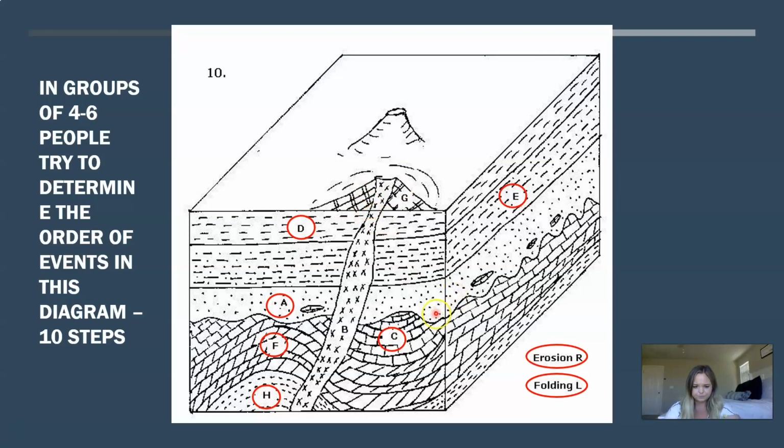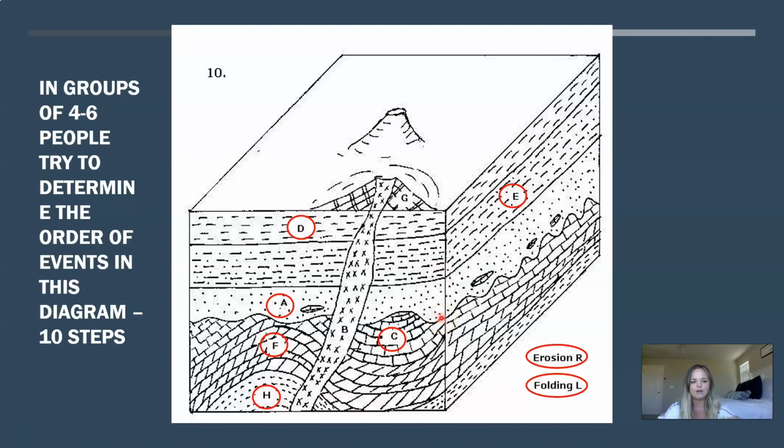Now, it gets a little bit tricky which one you think comes first. Depending on what you're looking at here, because this is a direct intrusion, it's a little bit hard to say whether B or G came first. If it was a volcano and there's a magma chamber here, of course the magma chamber has to be there before there is any development of the volcano.